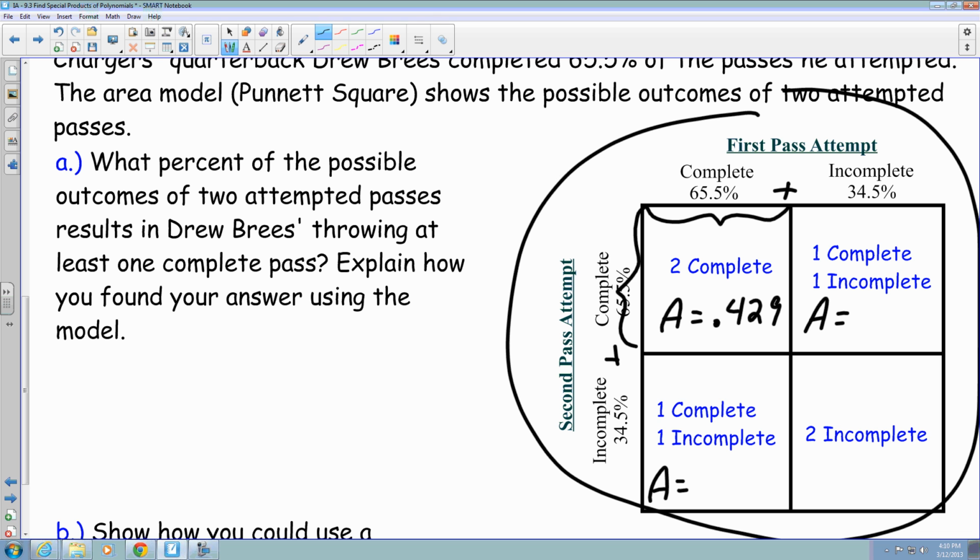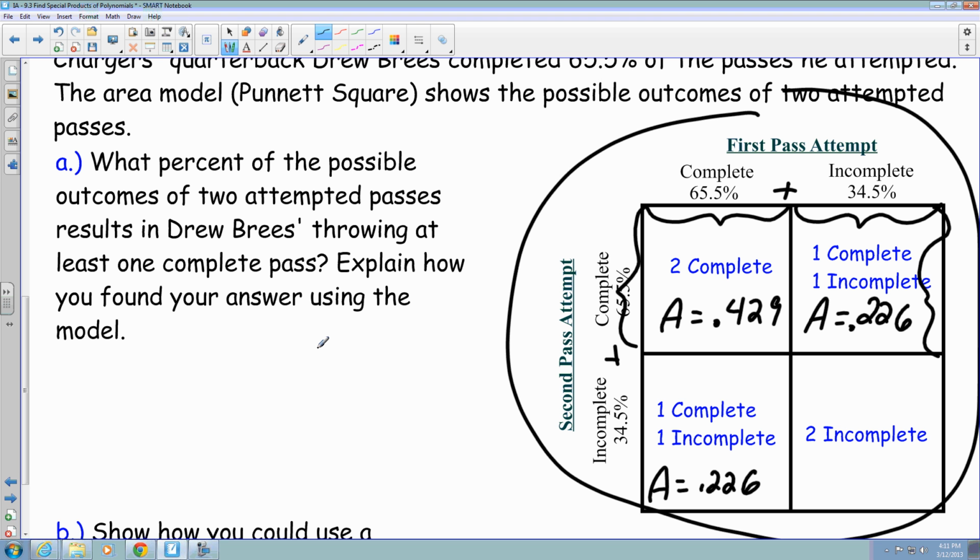0.429. Okay? Now here I have a distance of 0.345, and again the distance here is 0.655. When I multiply those two values together, I get 0.226. And I actually get 0.226 here as well because it has the same dimensions.